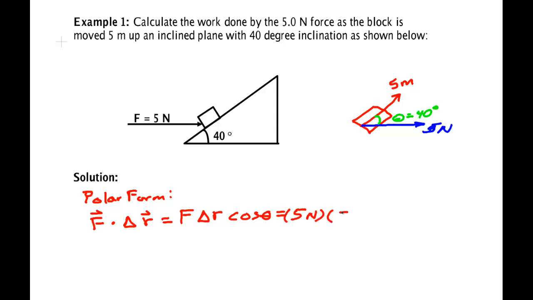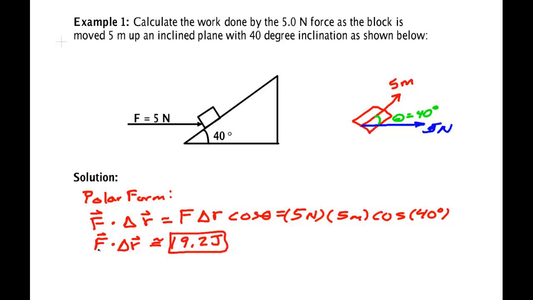The displacement is 5 meters, and the cosine of the angle between the two is 40 degrees. So that means that F dot delta R is approximately 19.2 joules. Okay, and this is the work by the force F.